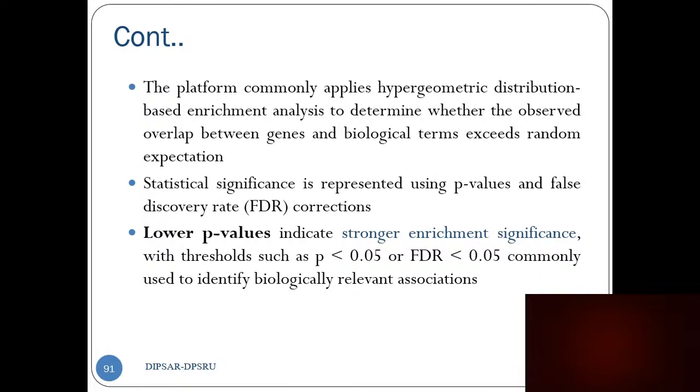A lower p value indicates stronger enrichment significance, with thresholds such as p less than 0.05, right? FDR, the false discovery rate, less than 0.05 is commonly used to identify biologically relevant associations. These cutoff values you have to write in your projects, in your thesis, in your research manuscript. Then your manuscript will become effective.